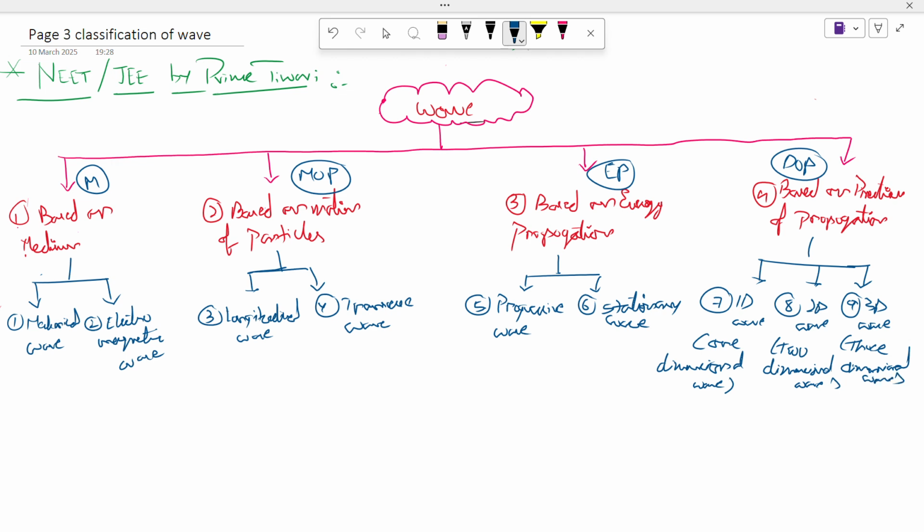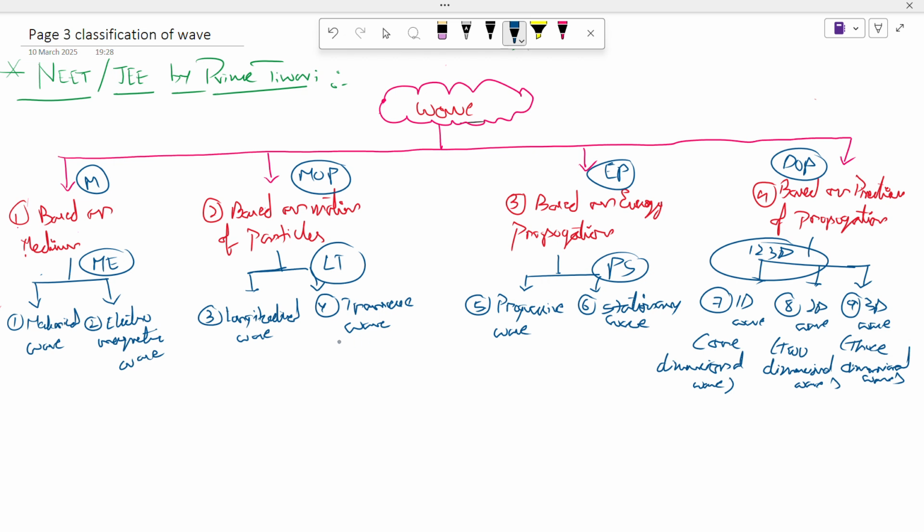Let's proceed again. So here in short you can write it as ME, then LT, MELT, progressive and stationary, and 1D, 2D, 3D. You can memorize it in this way. So let us continue further.